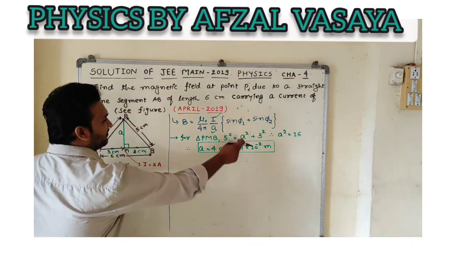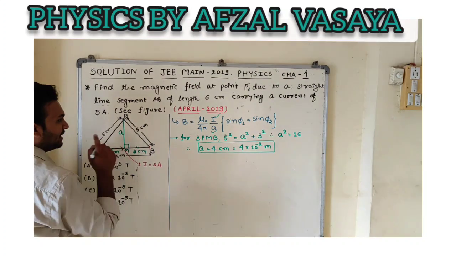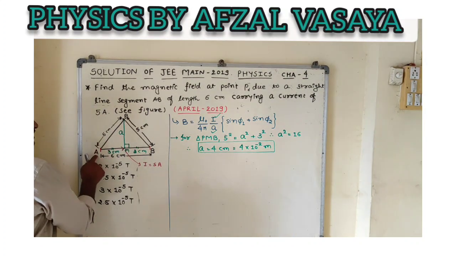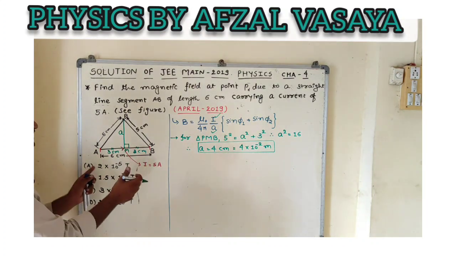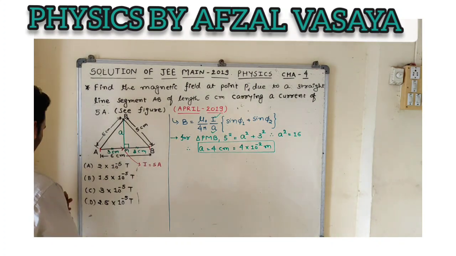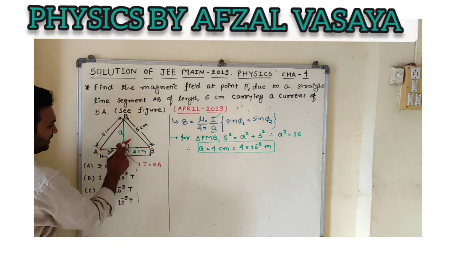Phi 1 is the angle between the perpendicular line and the line joining the point P and one end of the given segment, or you can say the given finite length wire. So here phi 1 is the angle between PA and PN.